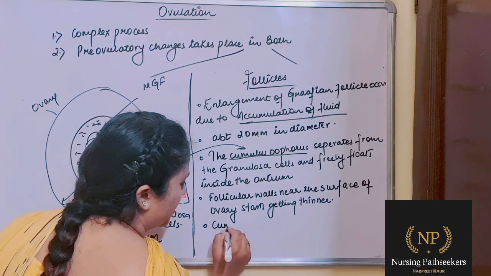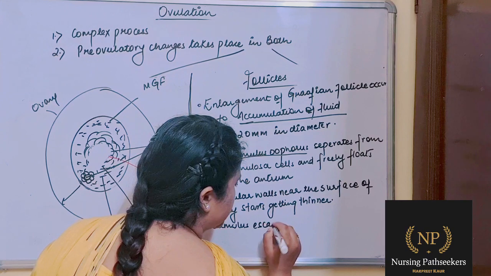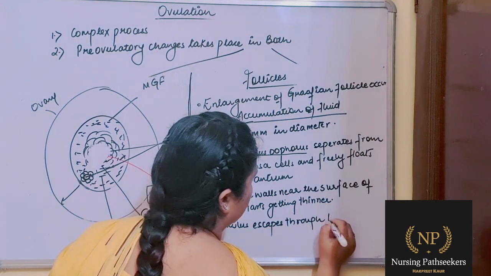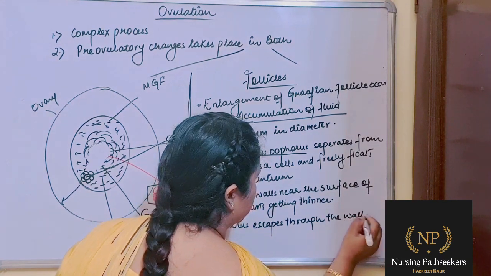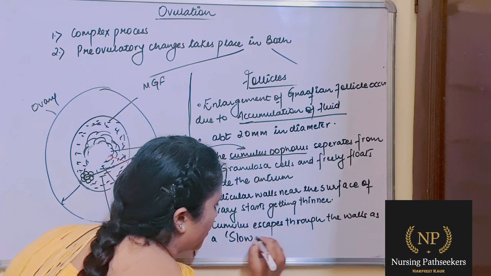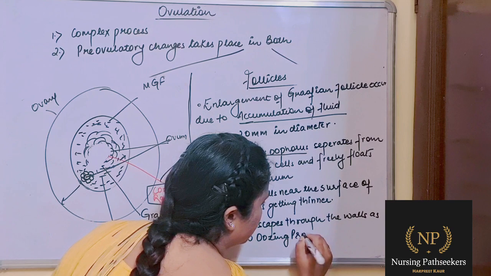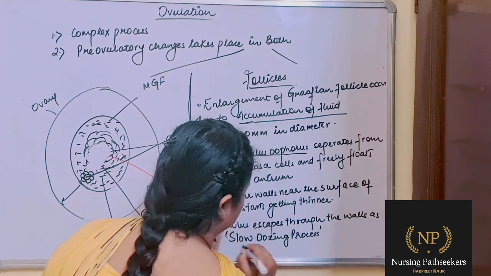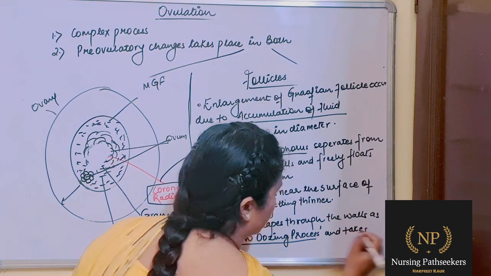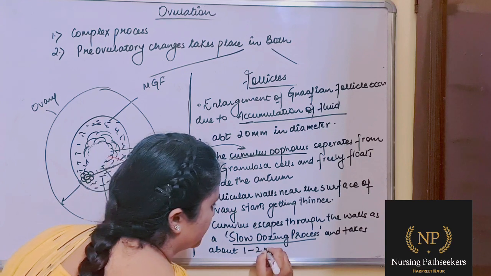Because the cumulus escapes through the walls as a slow oozing process and takes about 1 to 2 minutes.